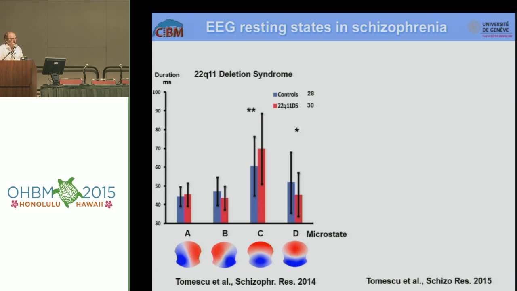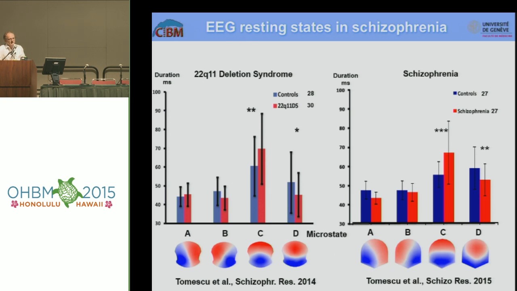We measured them when they were adolescents, so they were not yet schizophrenic at all. But we found clear differences in duration between these subjects and their age-matched controls for microstates C and D, with C being much longer present in this genetic population than in the controls, and microstate D being less present.